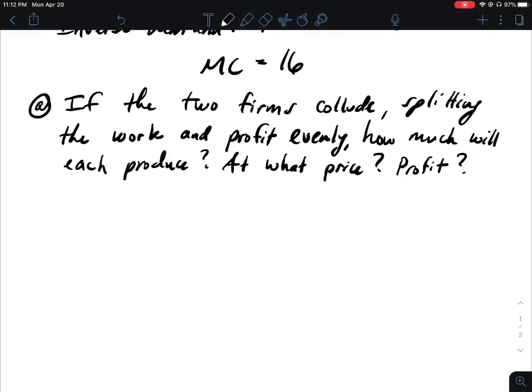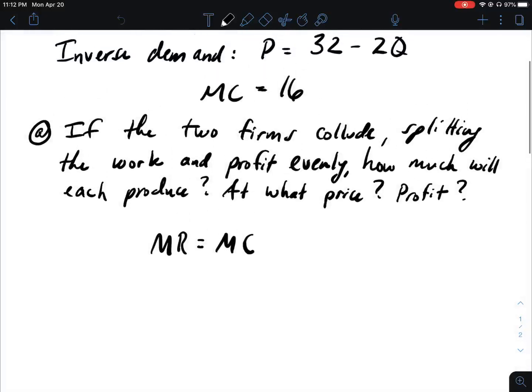So to start this question, we first have to remember our golden equation: marginal revenue equals marginal cost. Remember that we have our marginal revenue equation, which is marginal revenue equals A minus 2BQ.